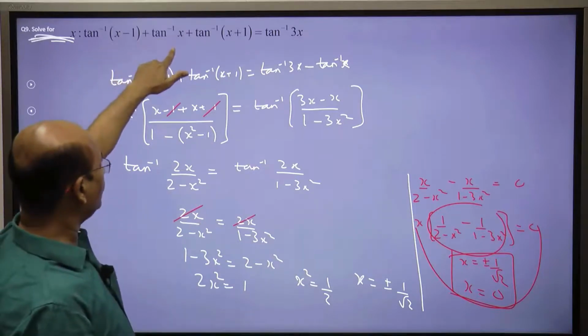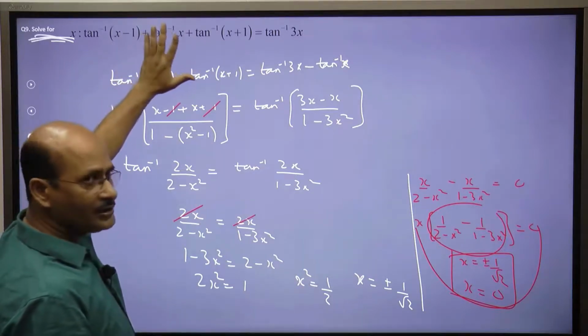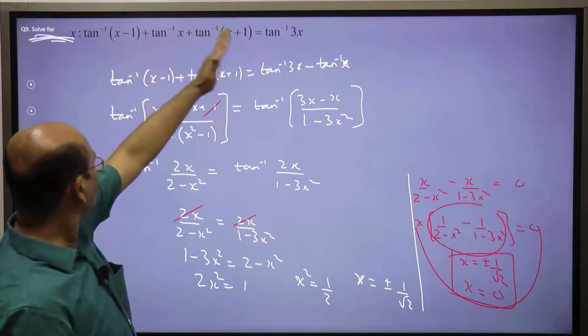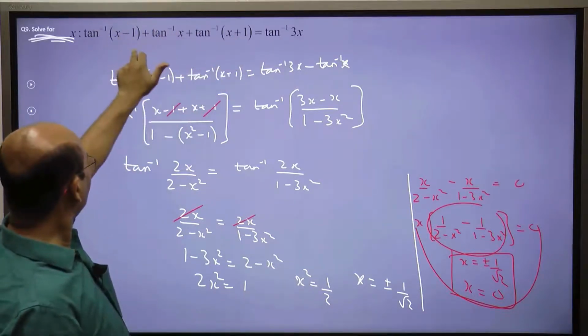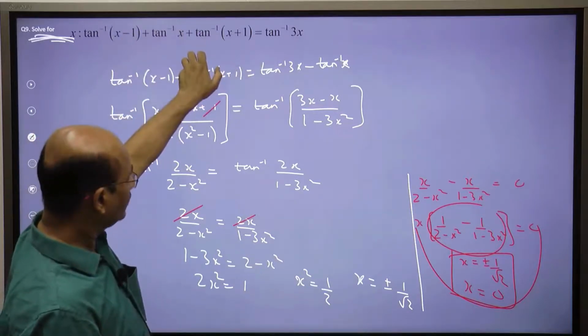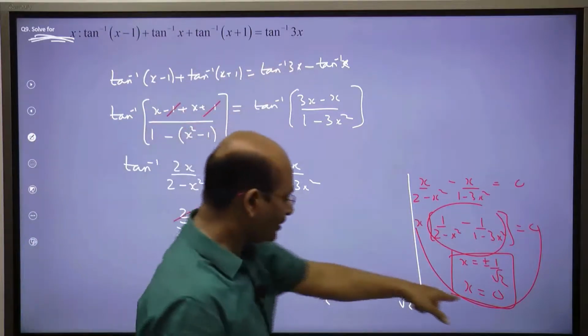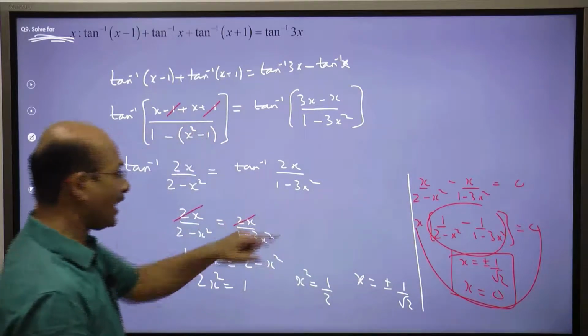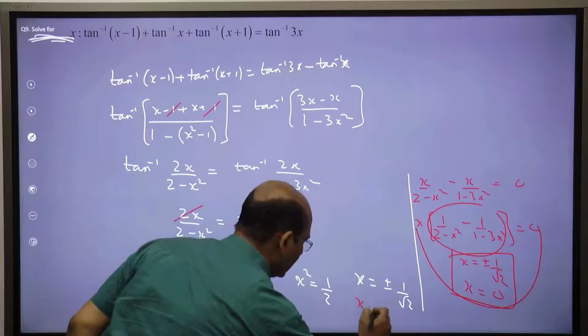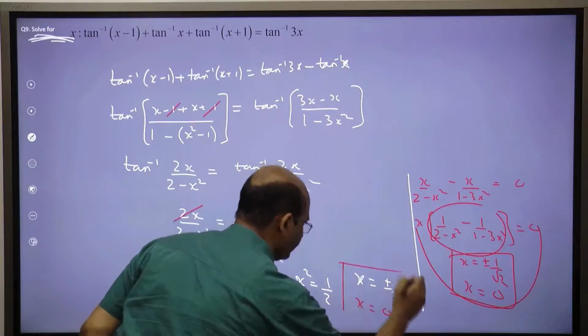Tan inverse 0 is 0. This is tan inverse 1, pi by 4. Minus pi by 4 plus pi by 4 is 0, right? And here it is 0. So that means 0 also satisfies. This I want you to remember. So I have to add one more solution there, x equals 0.